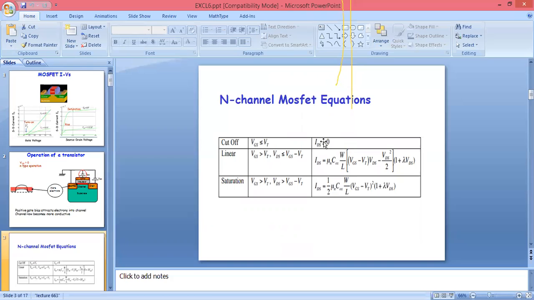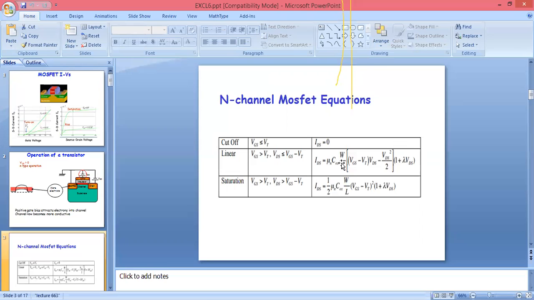And if you apply a gate to source voltage greater than the threshold voltage, but VDS is smaller than or equal to VGS minus VTH, at that time we get the standard formula of drain to source current.